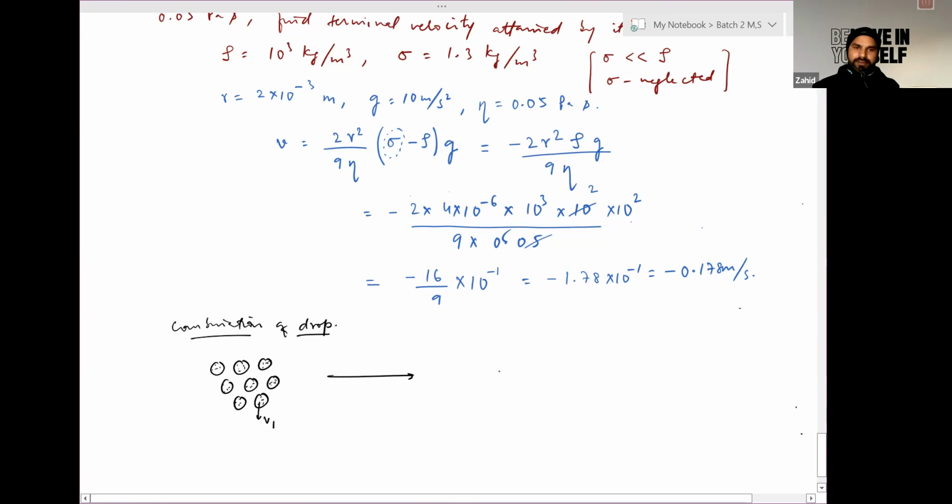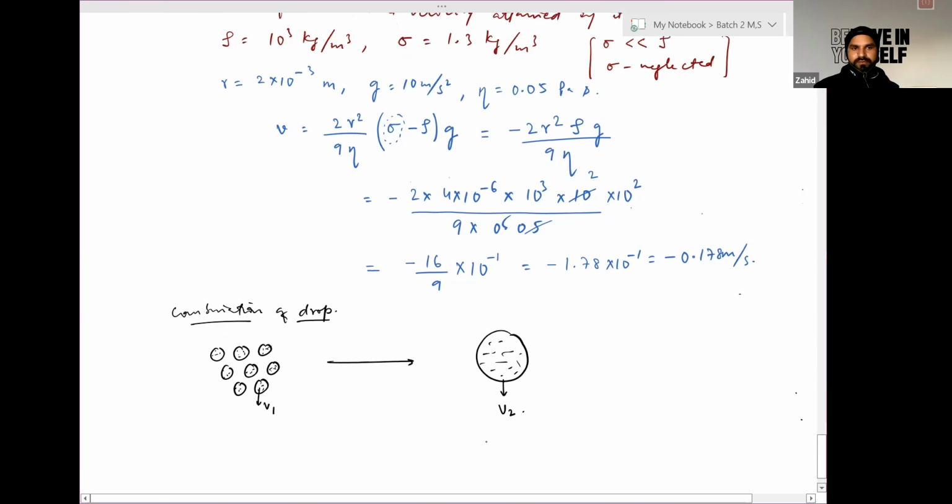So if they combine to form a single large drop, what will be their terminal velocity on combining? So we have to calculate v2 in terms of v1.